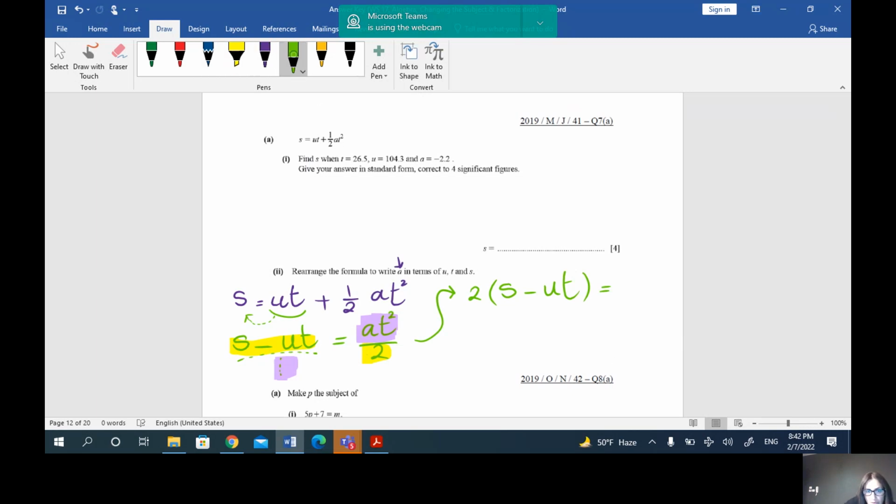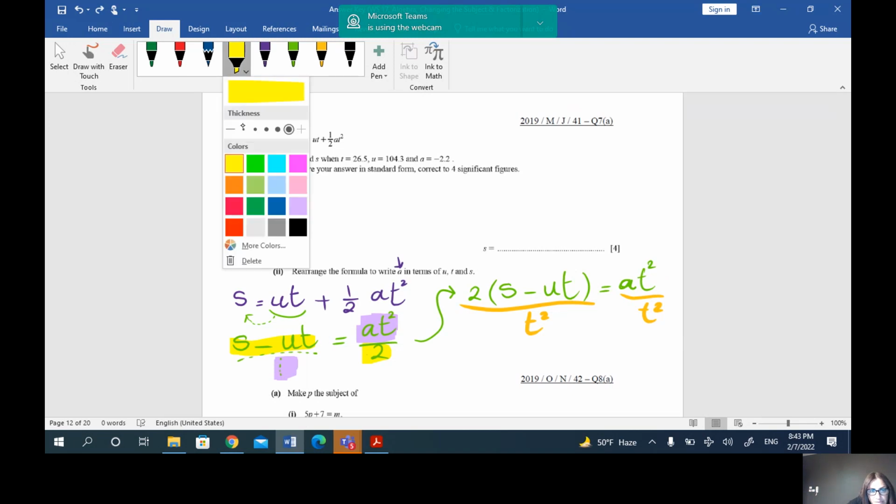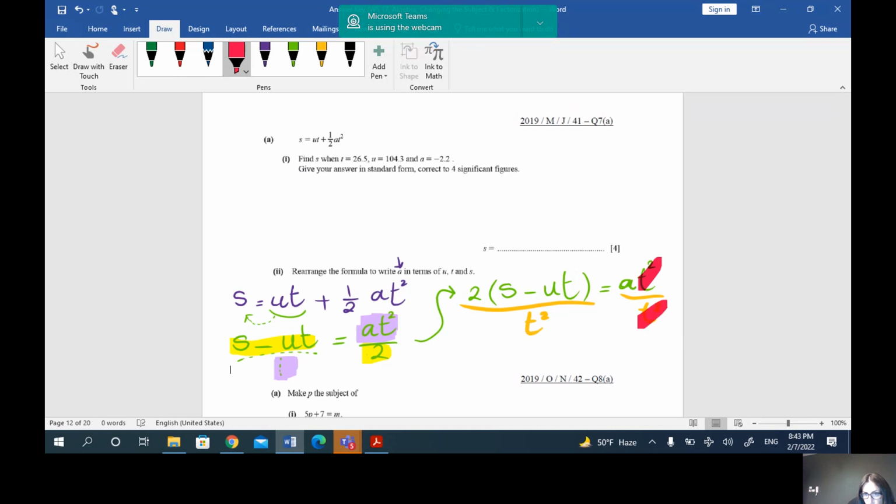A T squared. We're making A the subject and A is multiplied by T squared. To get rid of the T squared, we need to divide this by T squared. Whatever I apply on the right, I must apply on the left, and accordingly, this is going to be cancelled with this.